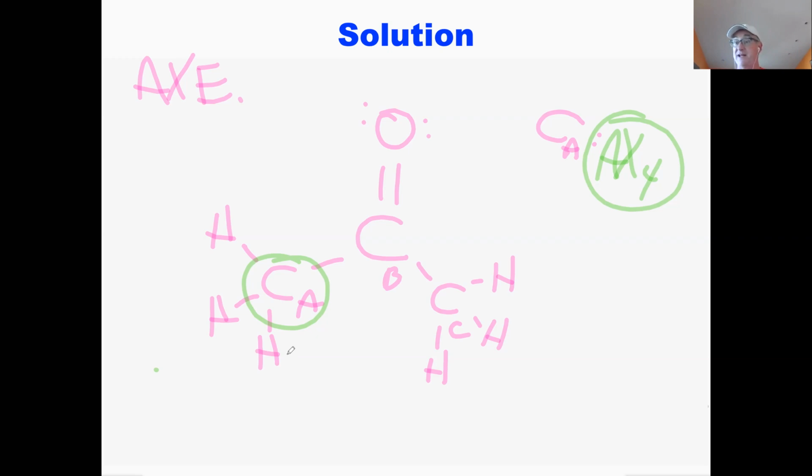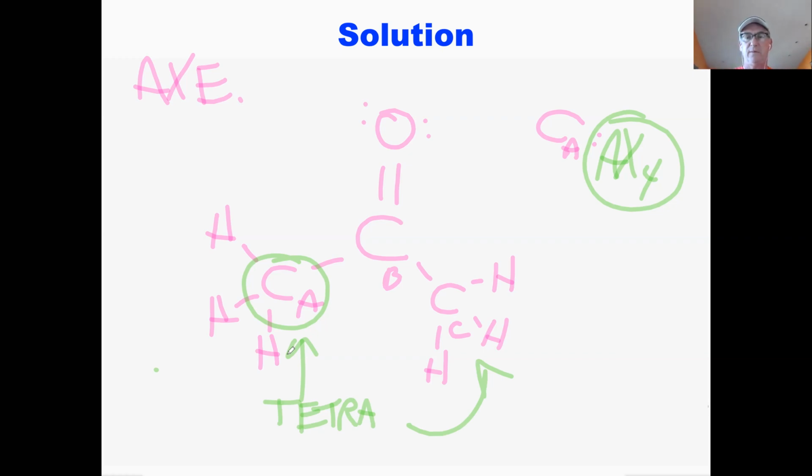It's going to be tetrahedral as well. So this A is going to be tetrahedral, and we saw that with the methanol and with the ethane, ethanol and ethane. Each of the carbons had 4 atoms around it, and they were both tetrahedral. So A is going to be tetrahedral, and that means C is going to be tetrahedral as well, because they're exactly the same. Each one of them is a carbon with 3 hydrogens and a carbon bound to it. They're both AX4. They're both going to be tetrahedral.